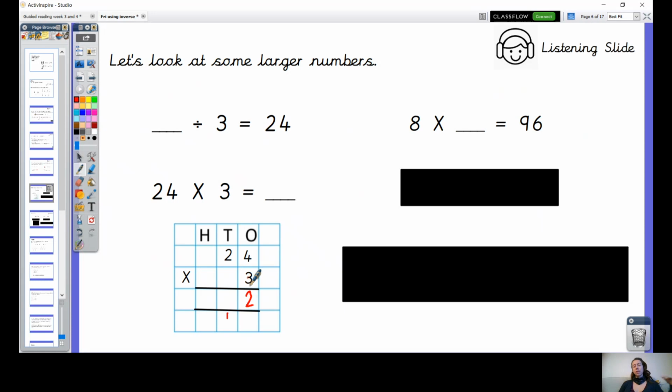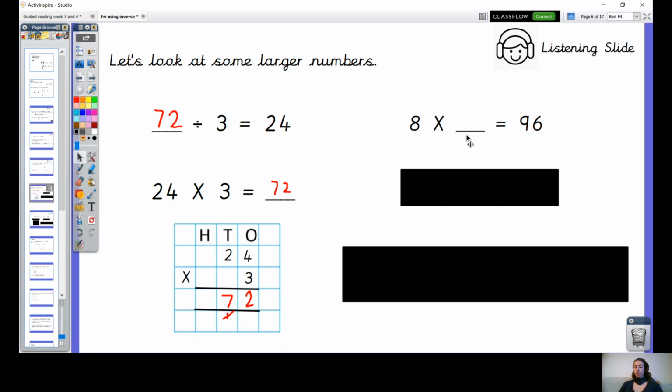We'll do 2 times 3 to help me. That's 6. I've got 1 there as well, 7. So my answer is 72. And my answer here then would be 72 divided by 3 is 24. Can you see how we did that?